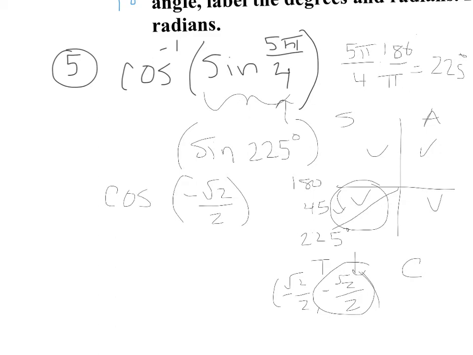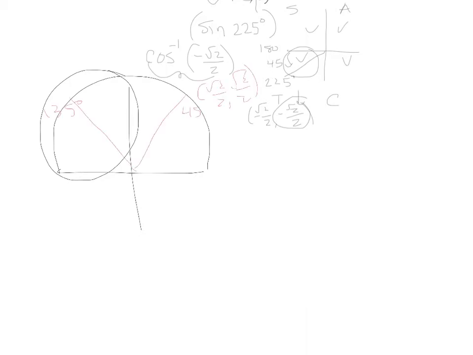Now we're going to find the inverse cos. So we're saying at what angle is cos negative root 2 over 2, and we're restricted between 0 and 180. Now if we know it's a negative value, our answer is going to be between 90 and 180. I was looking at this and thought, okay, if I'm looking for something with root 2's and 2's, in the first quadrant at 45 degrees, cosine is root 2 over 2.